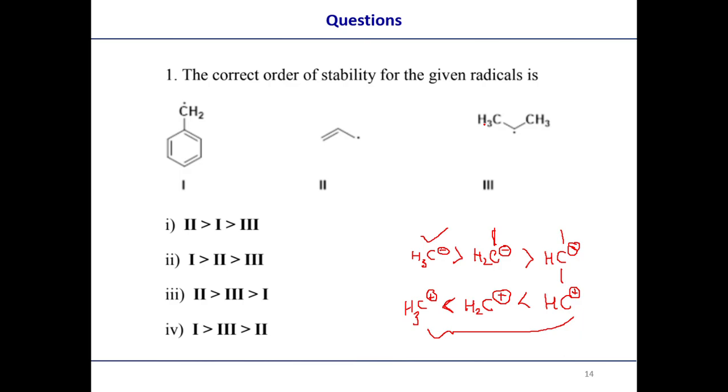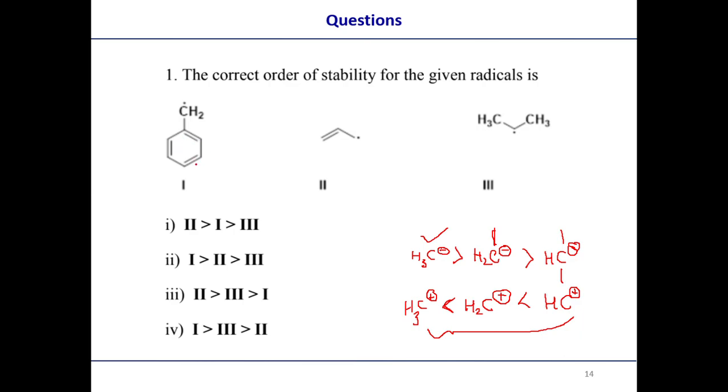So remember, here we have a secondary radical, here primary and here primary, right? But one more thing is here. This radical has conjugation with this pi bond, and this pi bond is in conjugation with all these other two pi bonds.